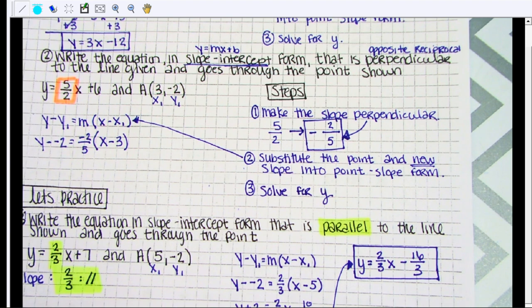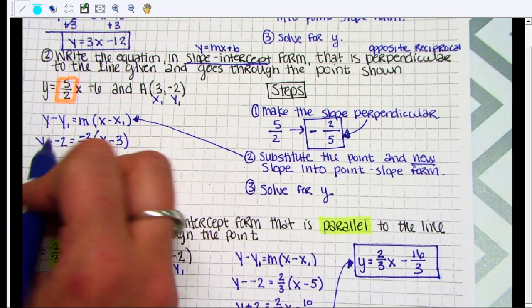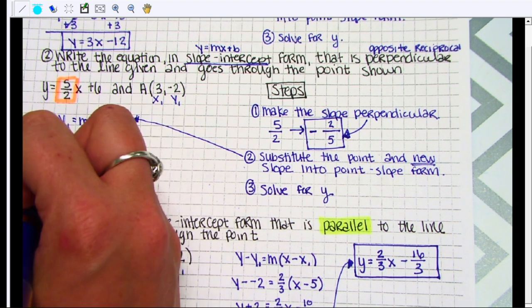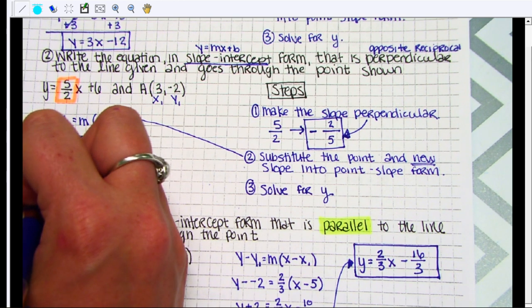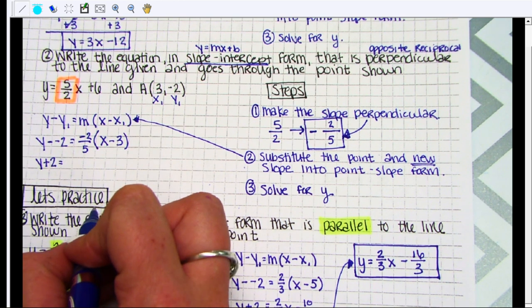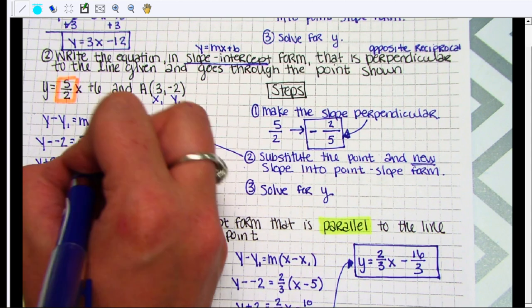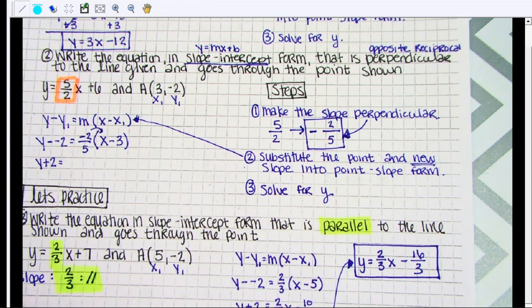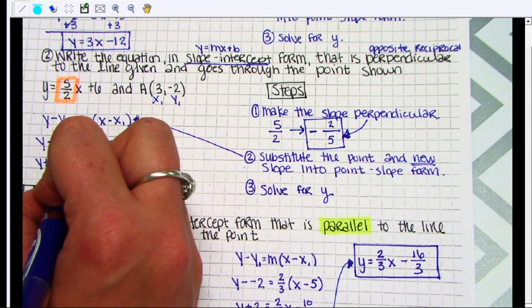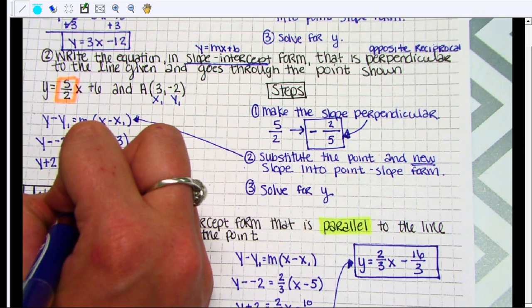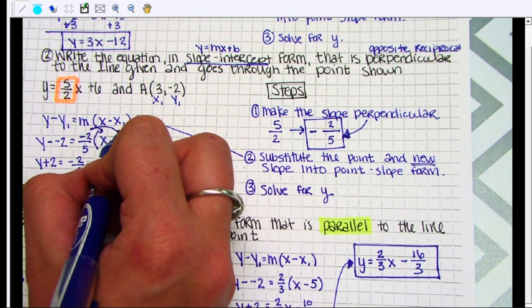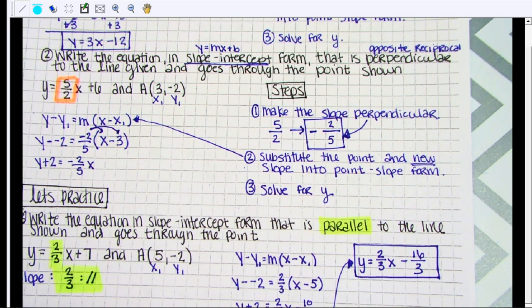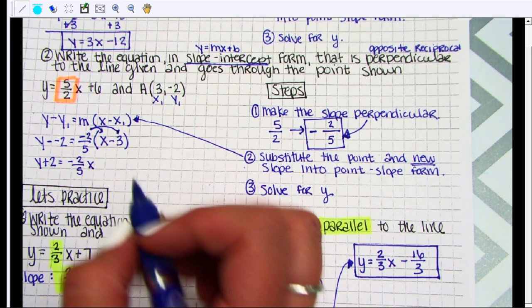So now we'll distribute. So what happens here? Y plus 2 equals, let's distribute. Negative 2/5 times x is negative 2/5 x. What's negative 2/5 times negative 3? 6 over 5, good.